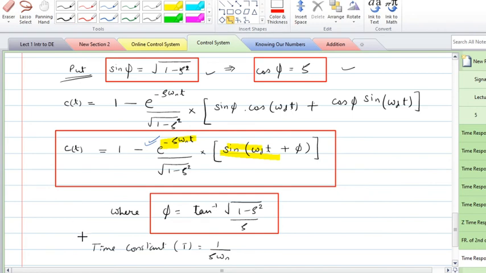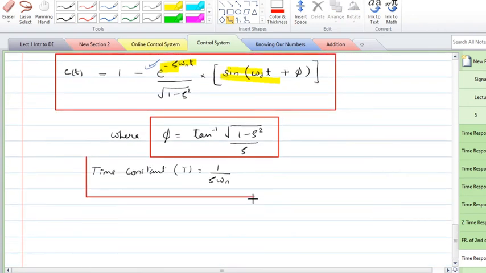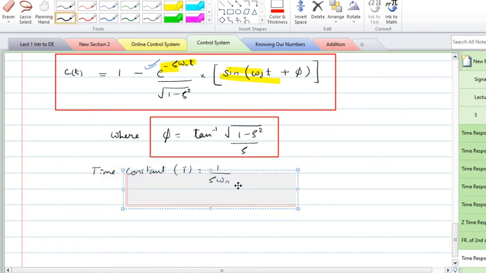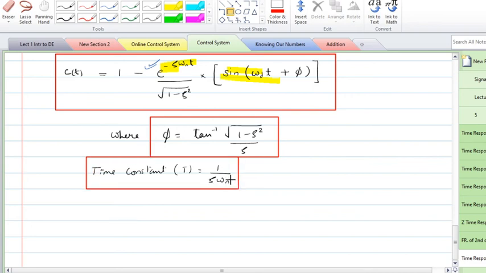Okay, if we draw its response, then it looks like this.